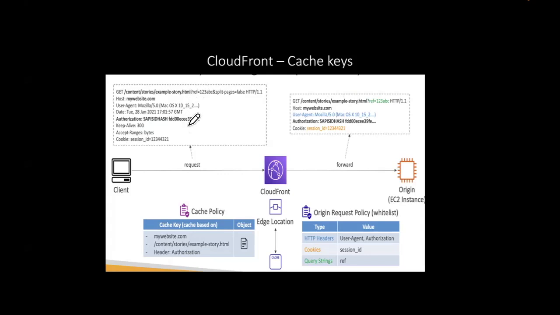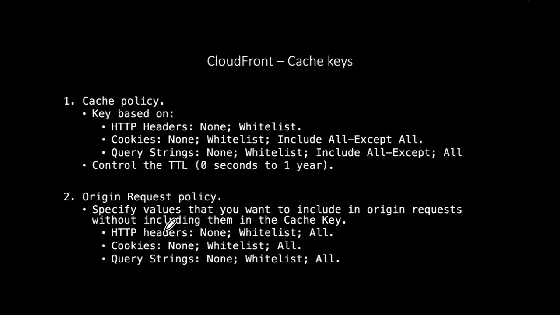Okay, all of that is what's referred to, if I go back again, as your origin request policy. What do you forward on to the ultimate backend? And that again is something that you can configure at the CloudFront distribution level.